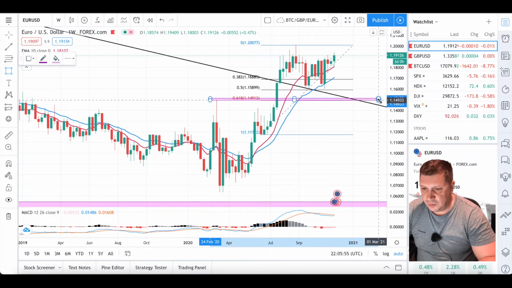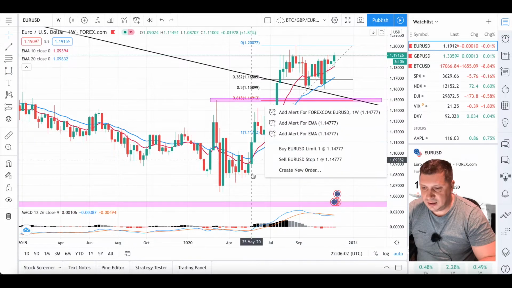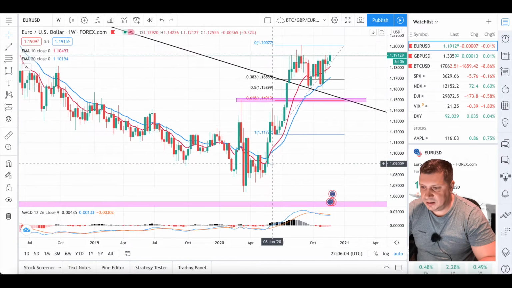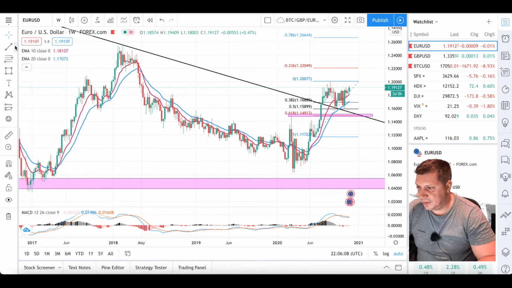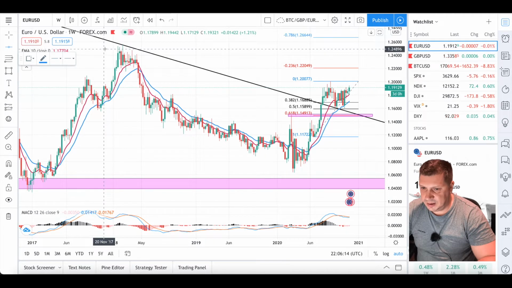So before moving forward to maybe 125 like everybody is expecting, let's see, there's another level that is the next step for this pair. It's right here about 125.